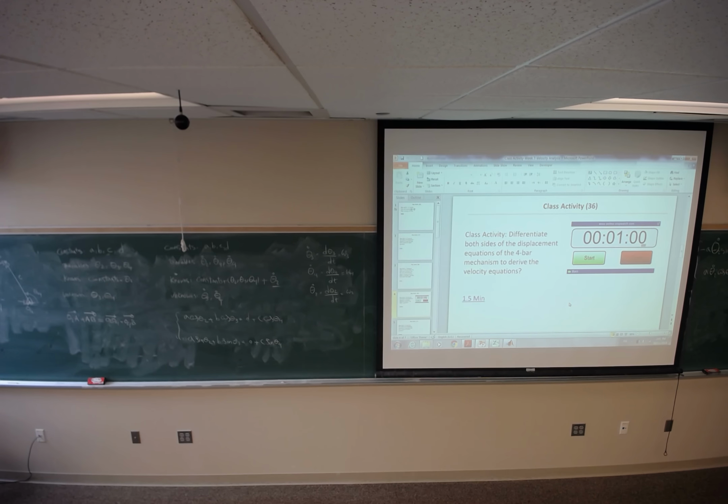I move the terms which have theta dot 3 and theta dot 4 to one side, and I keep the other terms which are constant on the other side. So it's going to be B theta dot 3 sine of theta 3 minus C theta dot 4 sine of theta 4 equals negative A theta dot 2 sine of theta 2.